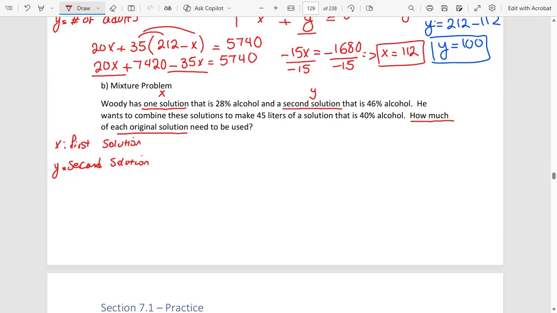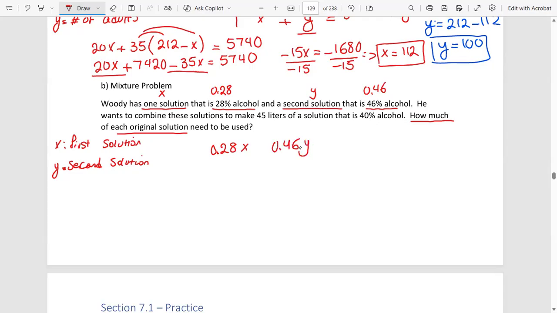When it says Woody has one solution that is 28% alcohol, remember that we never keep percentages in our calculation when writing equations. Always change it to a decimal. 28% means 0.28. 0.28 alcohol is for the first solution, that means for the x. So we have 0.28x. The second solution is 46% alcohol, which is 0.46, so 0.46y.